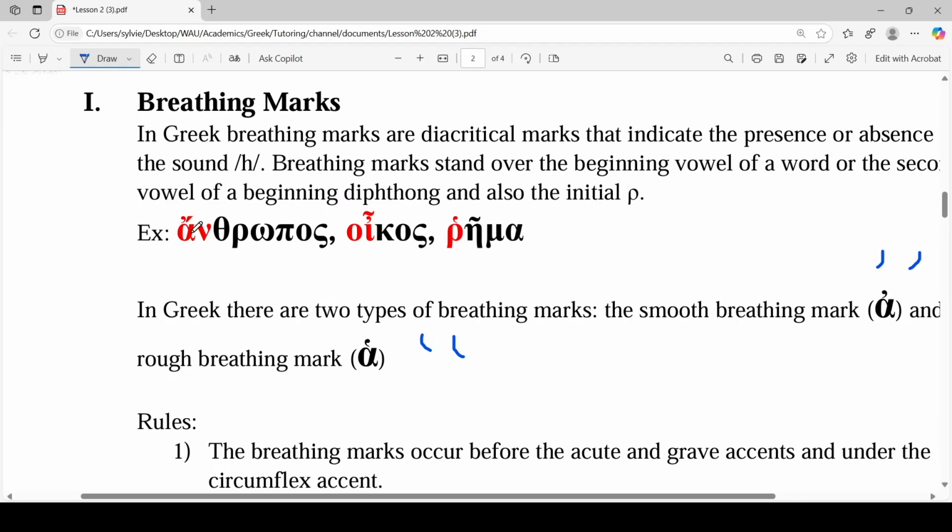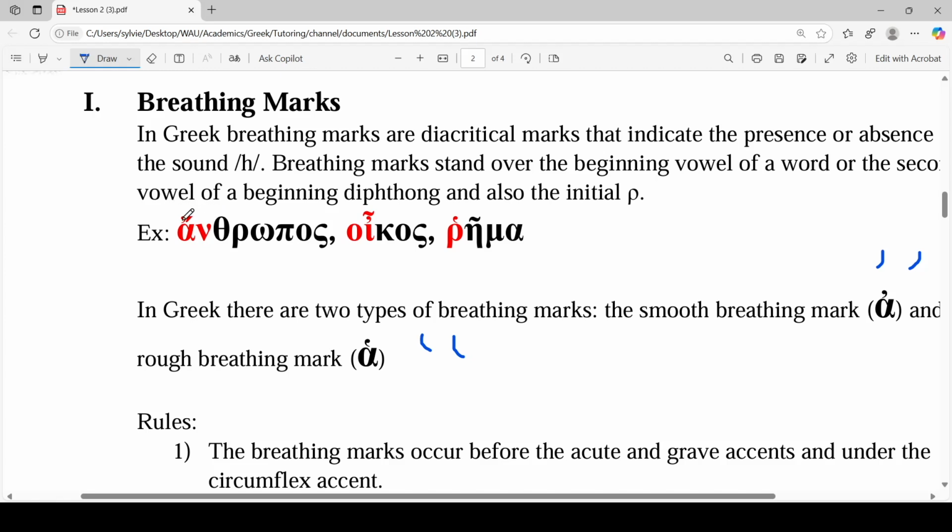Make sure that you always distinguish the breathing mark from the accent by drawing the breathing marks in a curve-like form. Some people usually confuse accent with breathing marks when writing Greek words, by simply drawing the breathing marks just like accents.